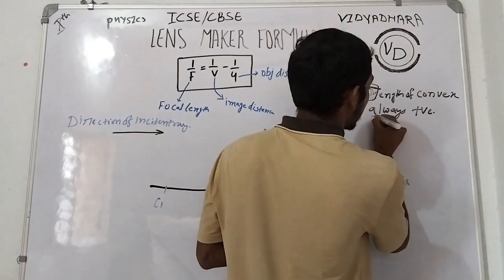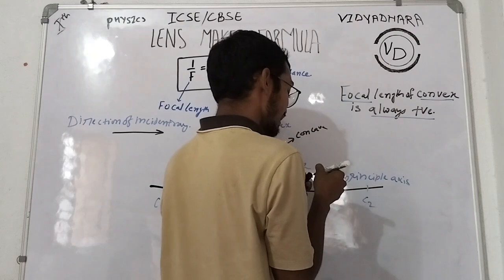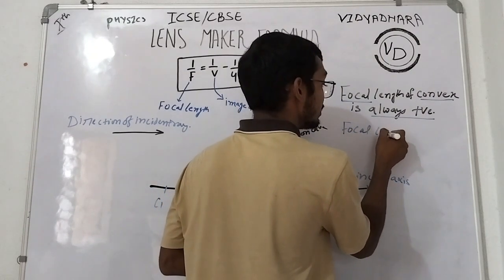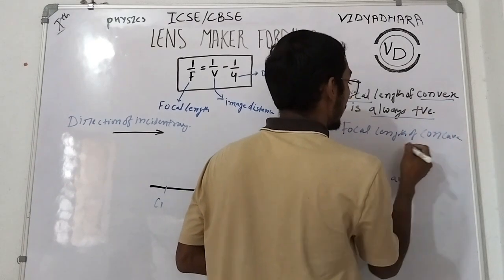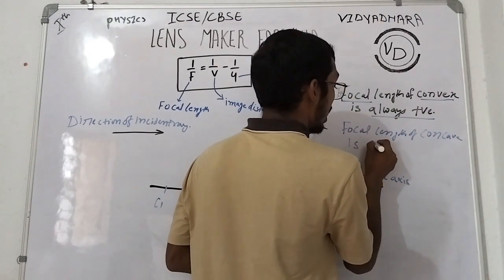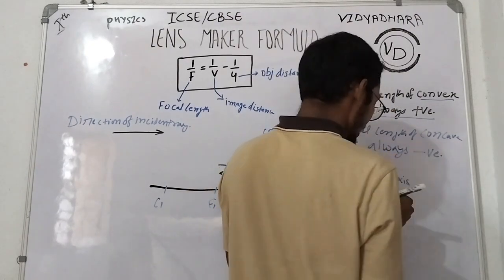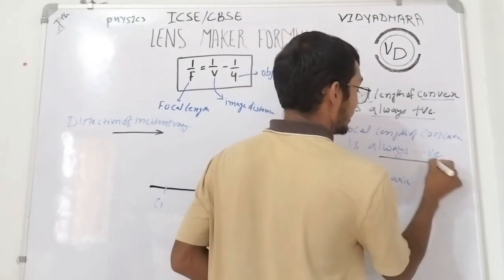And the focal length of a concave lens is always taken as negative. This is very important.